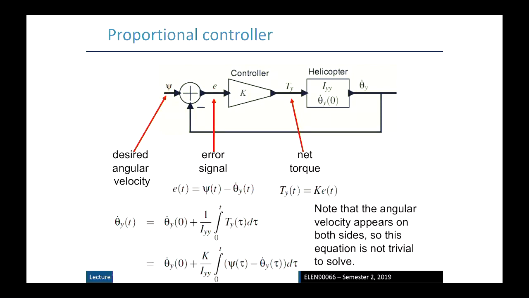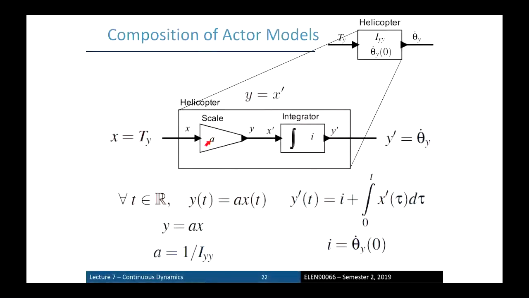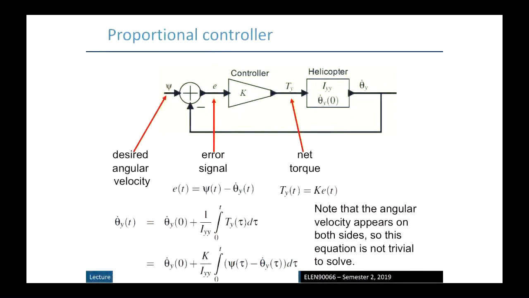And the simplest form of control is called a proportional controller. It essentially is just a scalar. That's just an actor model, a scale actor model. And it takes the error signal and it basically generates a torque that is just proportional to the error.